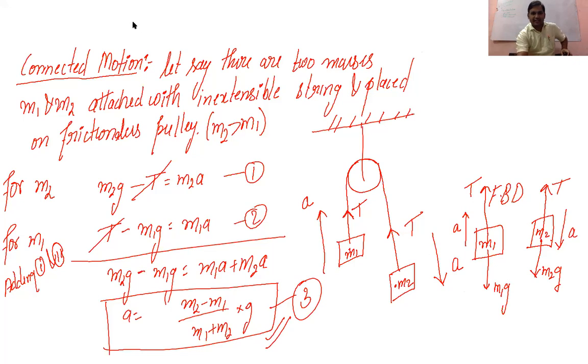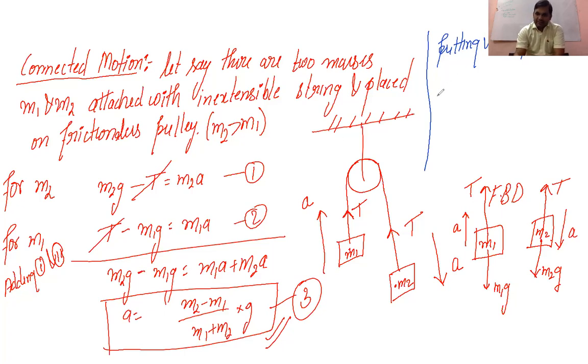Okay, let's see here how we can determine. I'm changing the color here. Putting the value of A in equation 3 or in equation 1.